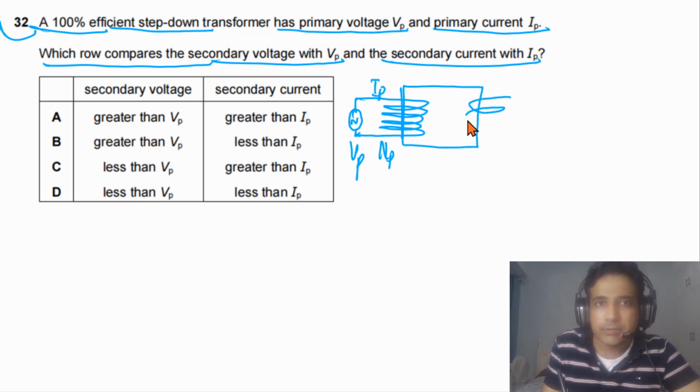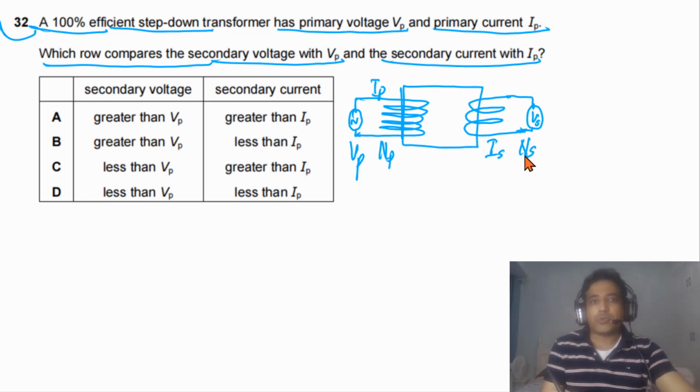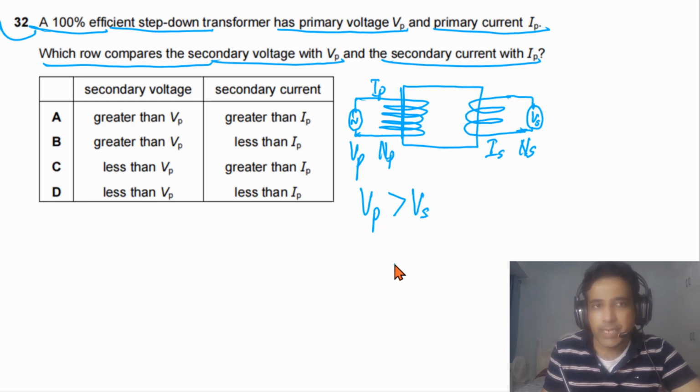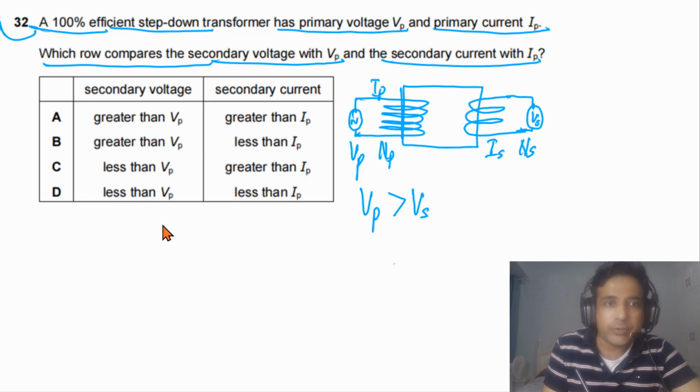On the other side, this is the step-down transformer, so we can draw here step down. So this is Vs, and there is current Is, and we also have Ns. A step-down transformer simply means that Vp has to be greater than Vs. And the second thing we need to understand is this is a 100% efficient transformer, so power input and power output are the same: Vp Ip equals Vs Is.